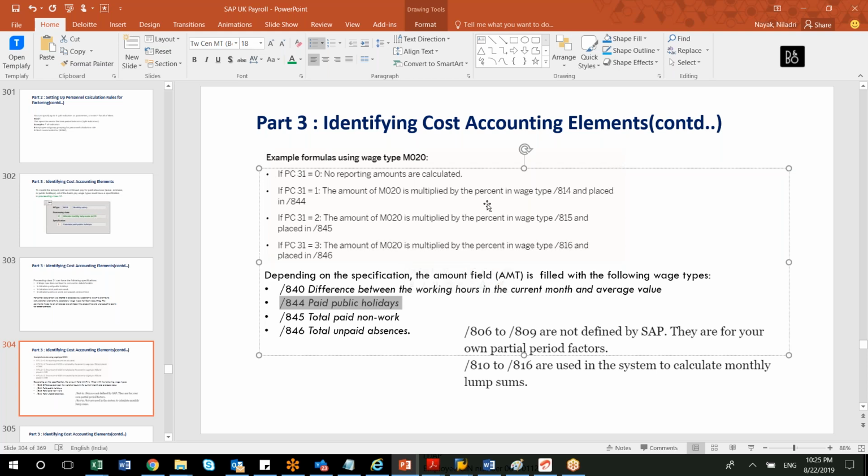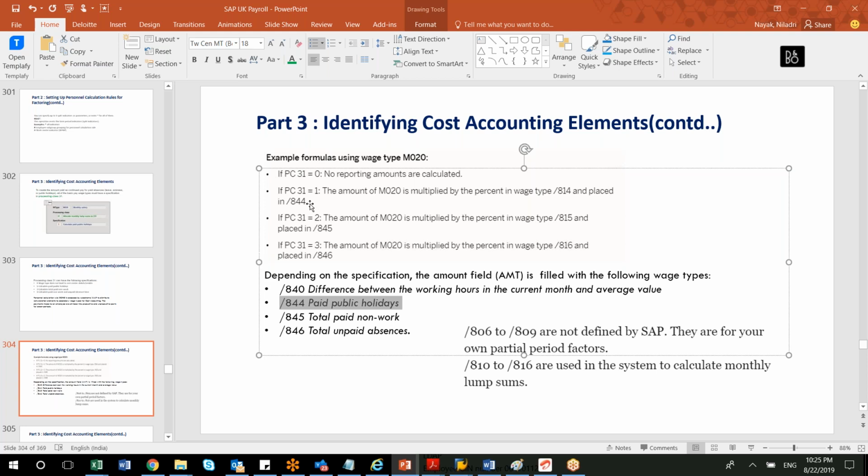So the amount we have mentioned in M020, say 1000 GBP, will be multiplied by the percentage in wage type /814, which is given by SAP. You don't have to worry about /814 to /844. The only thing is that the /844 amount will be considered as a particular one.